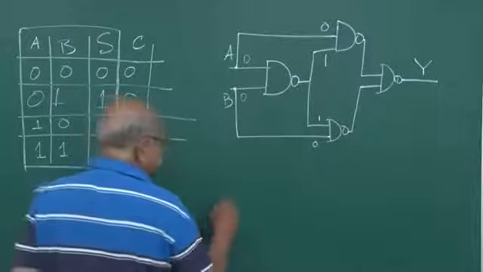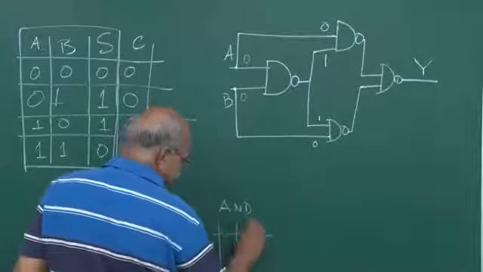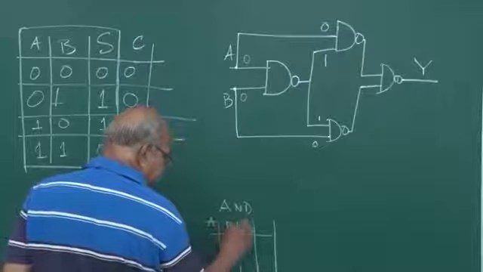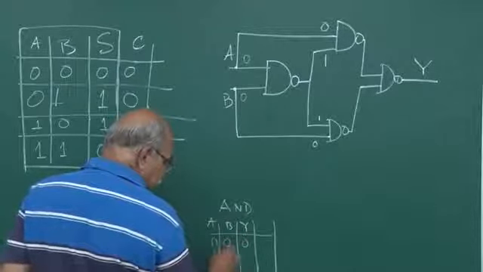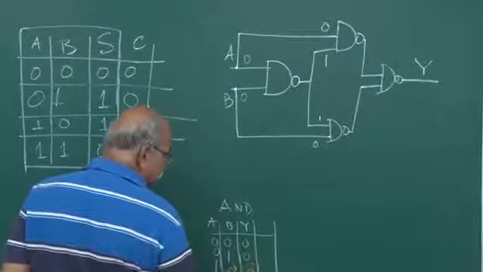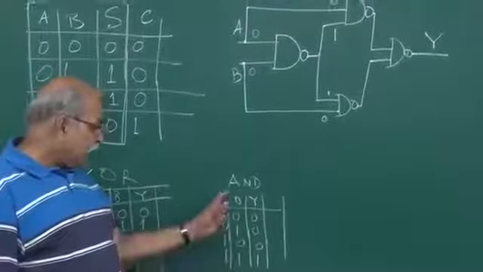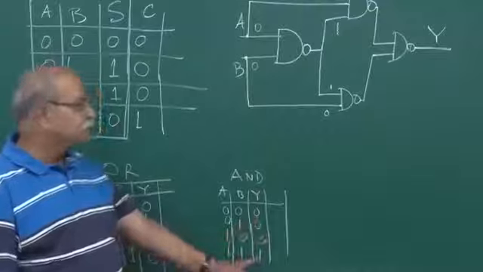For ready reference, if you want I can write the truth table. A, B, Y. 0 0 gives me 0, 0 1 gives me 0, 1 0 gives me 0, 1 1 gives me 1. This is AND. Only if both of them, A and B, are high, then only the output is high.